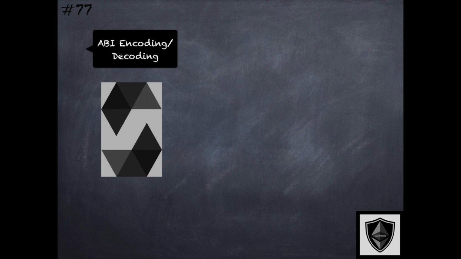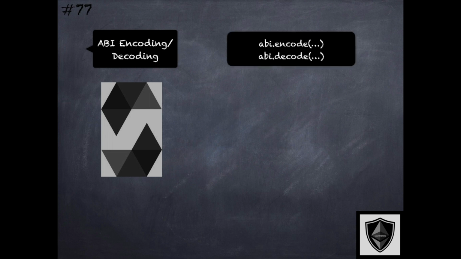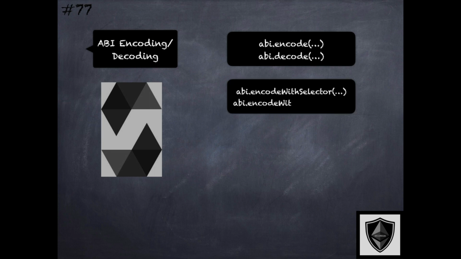Let's move on to the ABI encoding and decoding functions supported by Solidity. Solidity supports multiple functions in these categories. The obvious ones are the encode and decode functions that take arguments and encode or decode them specifically with respect to the application binary interface. There are also functions that encode with the function selector or with the signature that we touched upon in some of the previous slides.